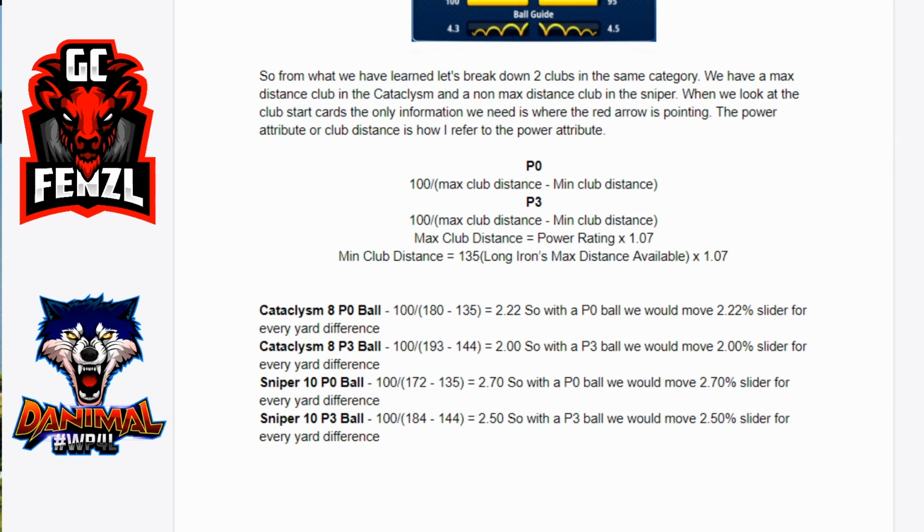And then the next one, Sniper 10 P3 ball, again, you times 172 by 1.07, you get 184, times 135 by 1.07, you get 144, and then after you do the calculation, you get 2.5. So you would move 2.5% slider for every yard difference on your drive. And that is how we find slider percentages for clubs.